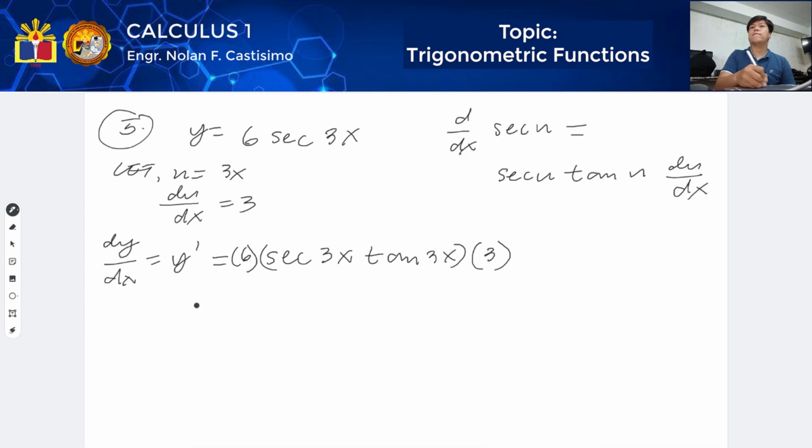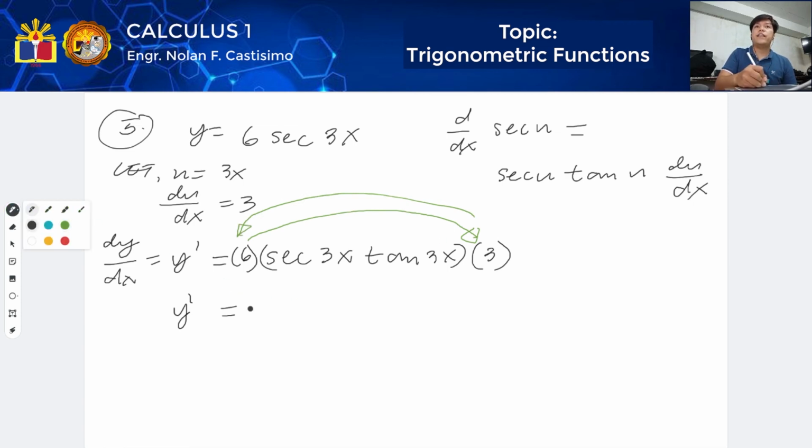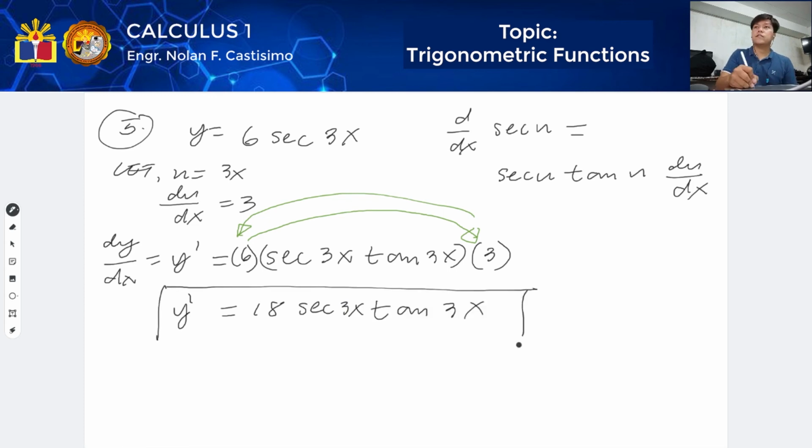Okay, yan. Now, simplify lang natin, y prime is equivalent to 6 times 3. So, ito, i-multiply natin itong 6 at itong 3. So, same lang, pareho lang. So, we now have 18 secant 3x tangent 3x. Ayan. So, ito na yung final answer natin. Okay?